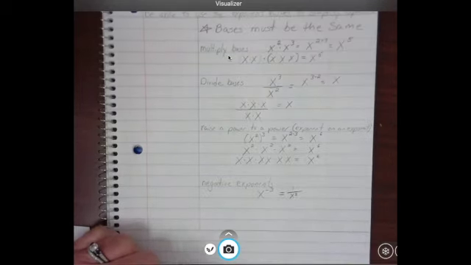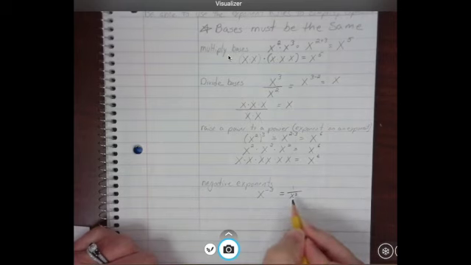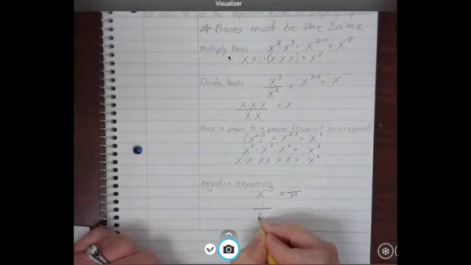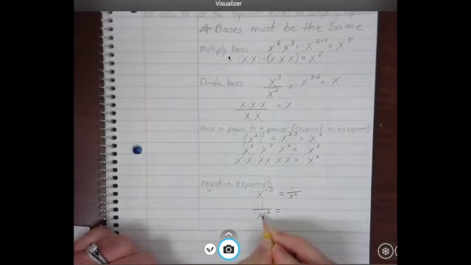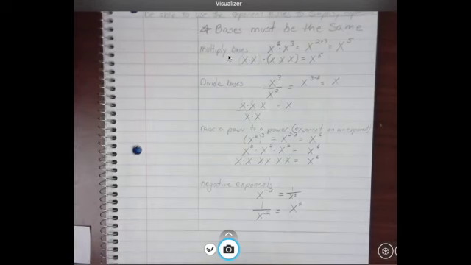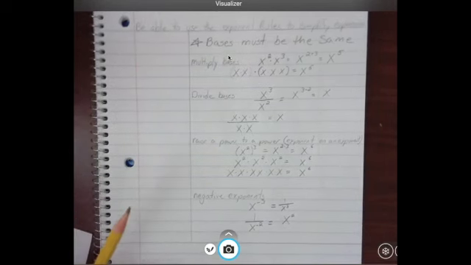And likewise, if you have a negative in the denominator, it would flip up to the numerator. So let's say you had 1 over x to the negative 2. This is going to come up to the numerator, so that's going to equal x squared. Now you can put it over 1, but you don't need that. It'll make life way, way easier.